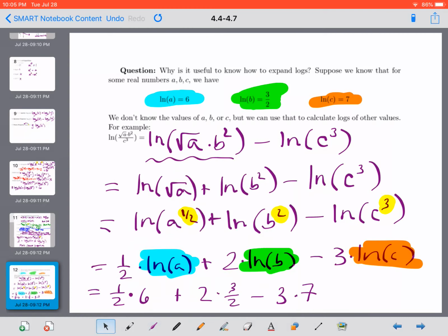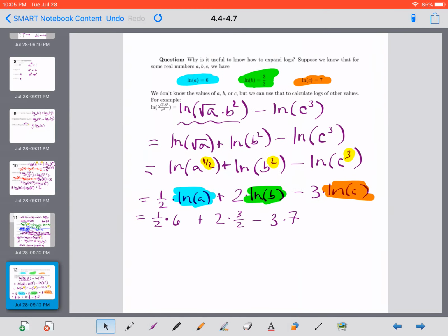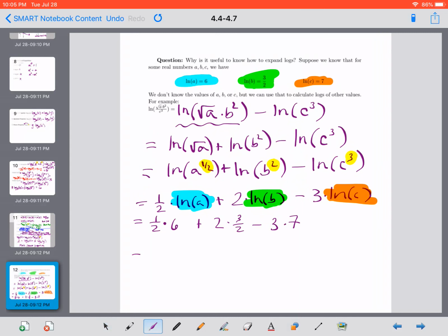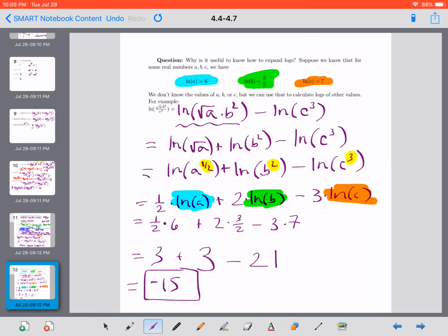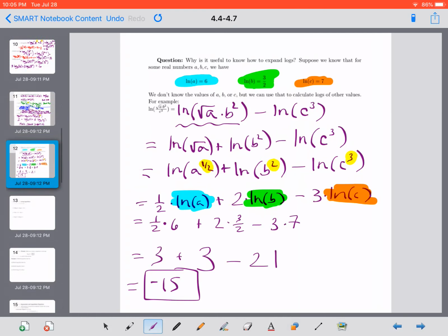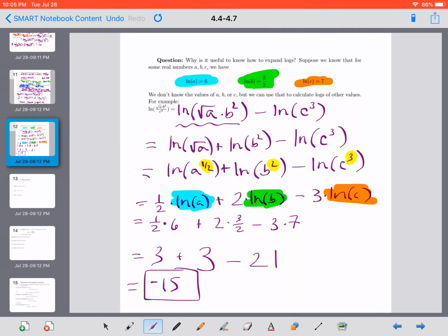So I get a real number in the end. 1/2 of 6 is 3, 2 times 3/2 is 3, and 3 times 7 is 21. So I get 6 minus 21, which would be negative 15. Alright, so knowing those different properties of logs allows us to do these more complicated computations.